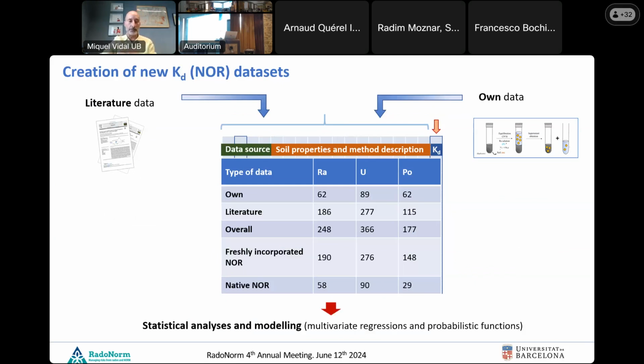So now it's easier to apply a statistical analysis and try to derive models, both based on multivariate regressions and probabilistic functions. As tomorrow there is a talk dealing with modeling, now I'm going to focus simply on showing some examples of those functions from which we may derive best estimates of KD.